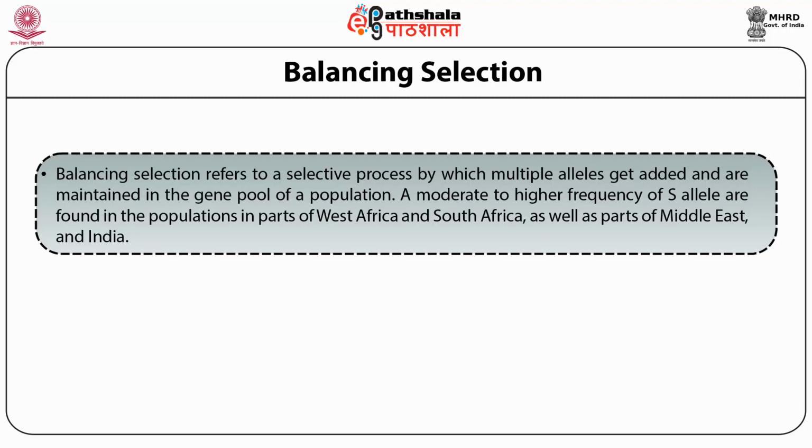A moderate to high frequency of the S allele is found in populations in a part of West Africa and South Africa, as well as in a part of the Middle East and India. Populations that have a history of malarial epidemics tend to have a higher frequency of the S allele, which can be best explained by balancing selection.